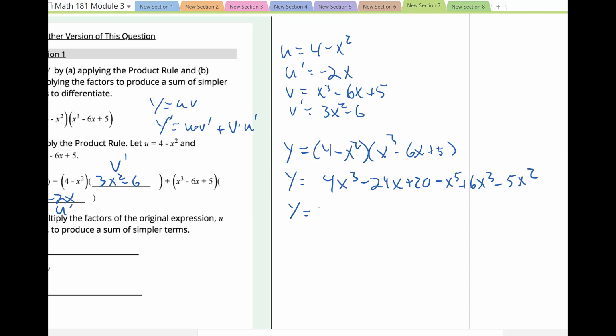So y equals, now if I simplify this and combine like terms, I have minus x to the 5th, excuse me. And then we have a plus 10x cubed, so that's a 4x cubed and a 6x cubed. And then we have a minus 5x squared.